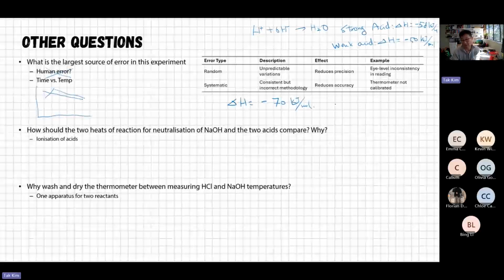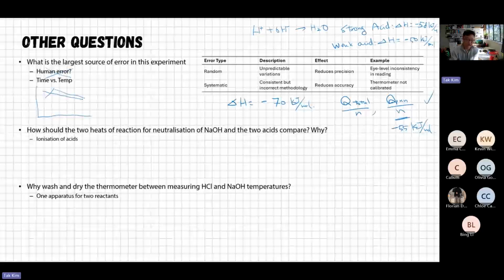Instead of using Q total over N, I would suggest you have a look at the number from Q reaction over N. By comparing these values, if your calibration is incorrect, you'll find another value using this equation, and that might be just minus 55 kilojoules or more, right?